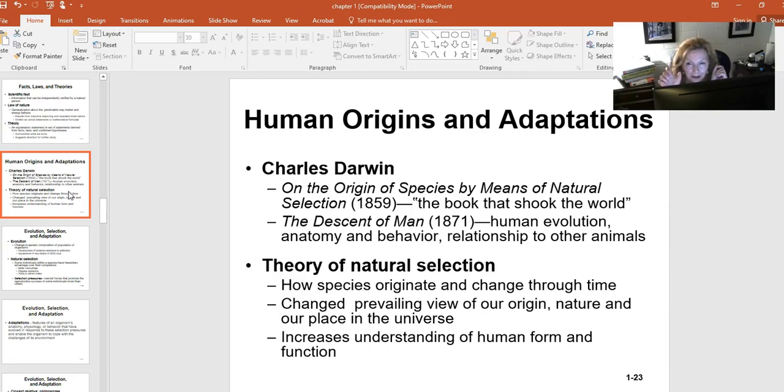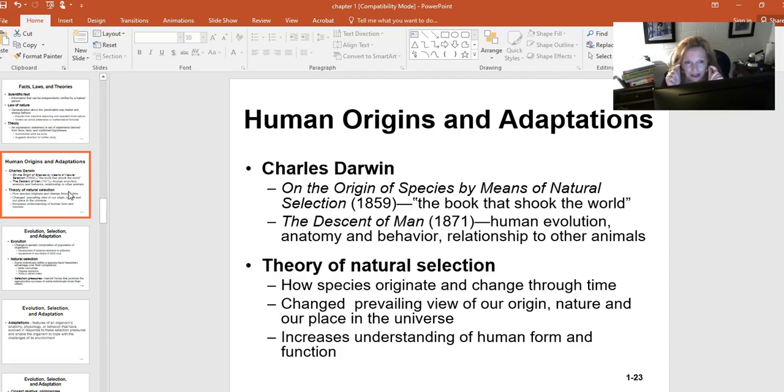So now I need to define population. A population is defined as all the individuals of one species that are located in a particular area. I'm going to say that again.